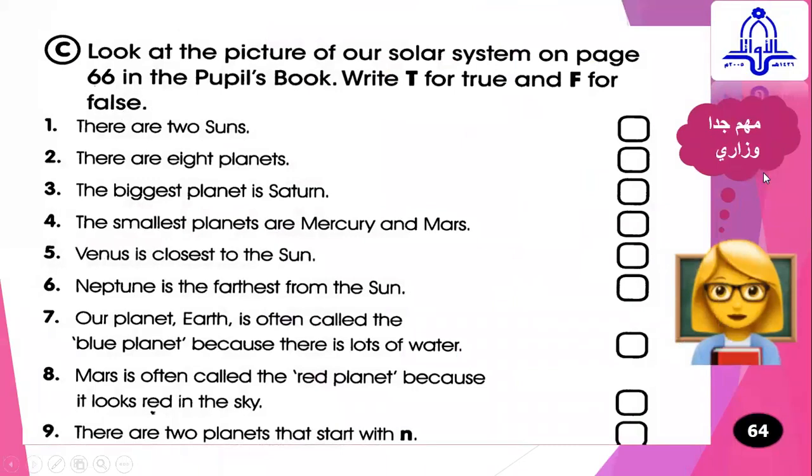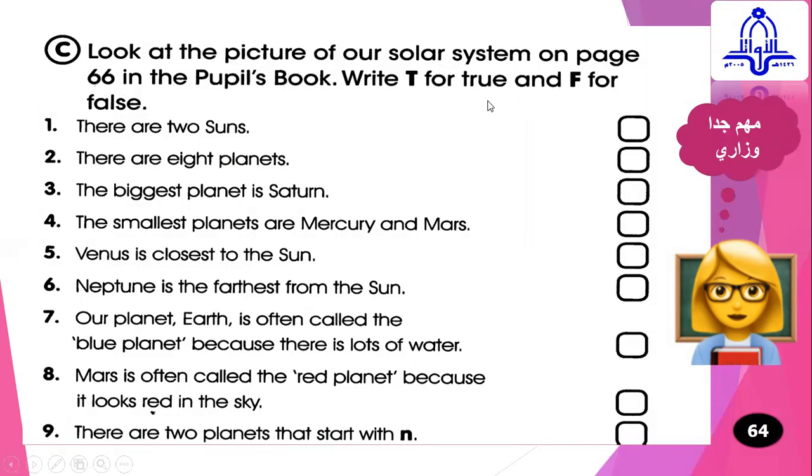Activity C مهم جدا وزاري. ممكن يأتينا على شكل true false. ممكن يأتي على شكل إسقاطات في سؤال الكمبليت. وممكن يجينا أيضا spelling. Activity C, look at the picture of our solar system on page 66 in the pupils book.